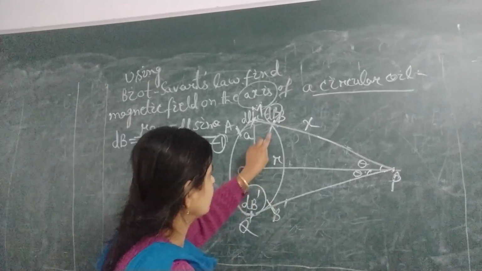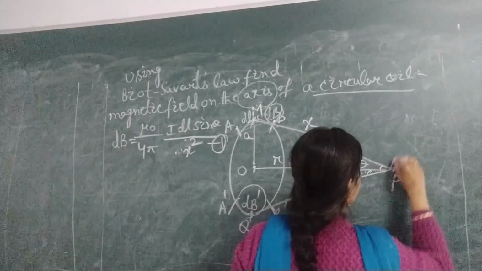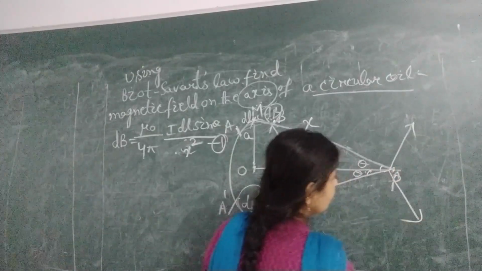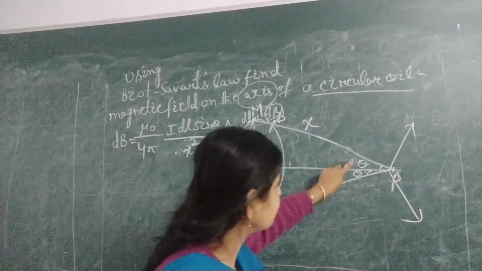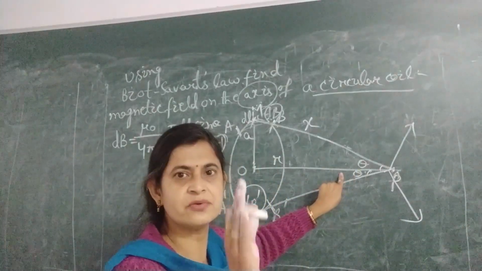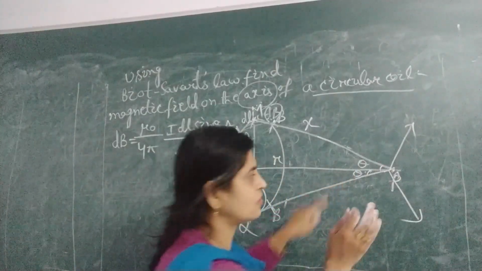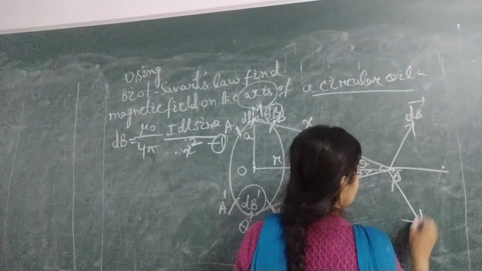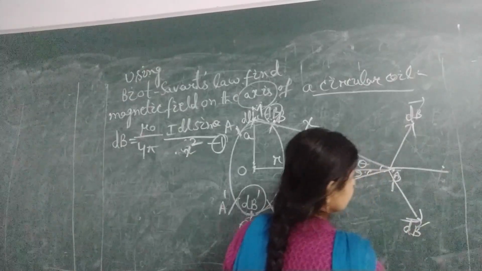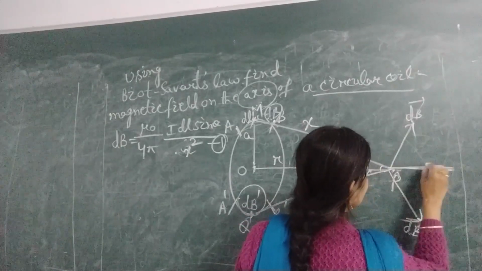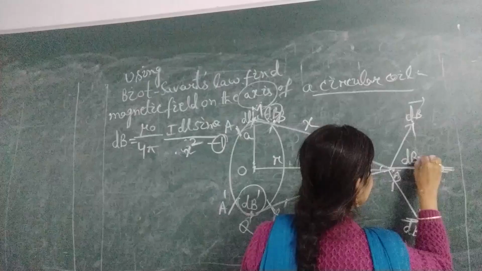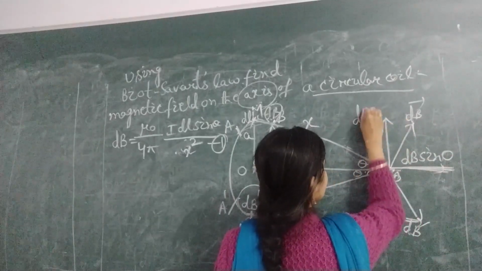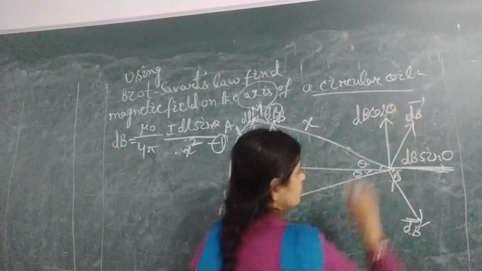Now, dB will act along this direction and dB dash will act along this direction. This angle is theta. Now resolve into two components. One is the horizontal component. This is dB and this is dB dash. So this component will be dB sin theta, and the vertical component will be dB cos theta.